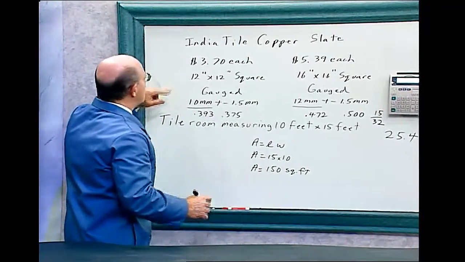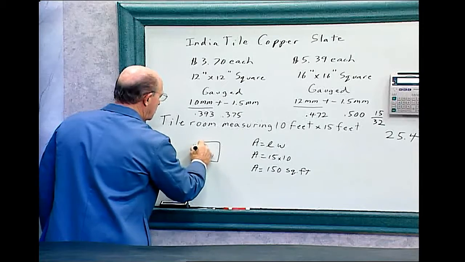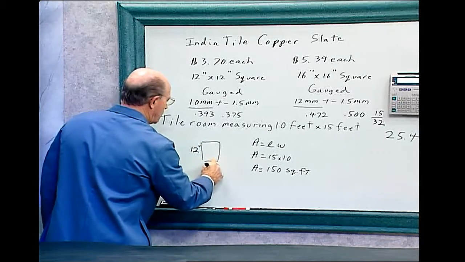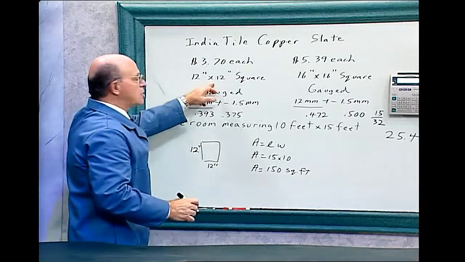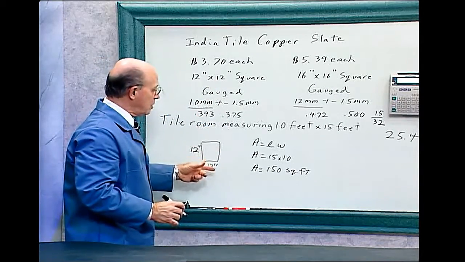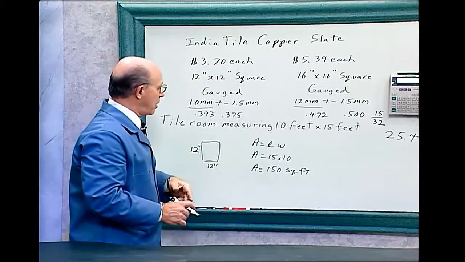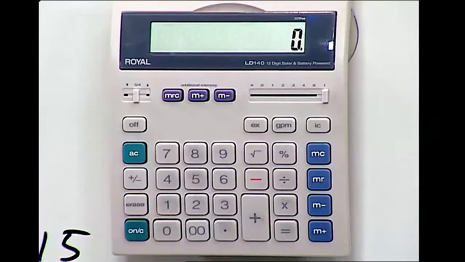Now this tile measures 12 inches square, so that's actually 1 square foot. This is 1 foot by 1 foot. So all we have to do is multiply $3.70 by 150 square feet, and that will give us the cost for that room.